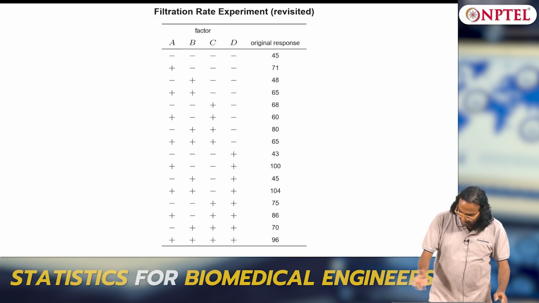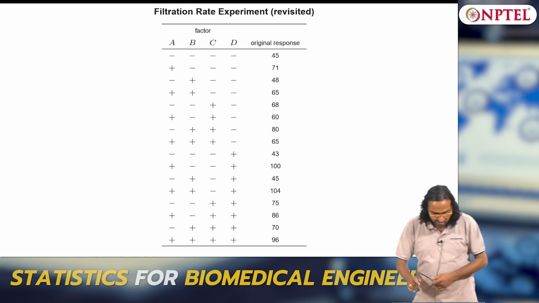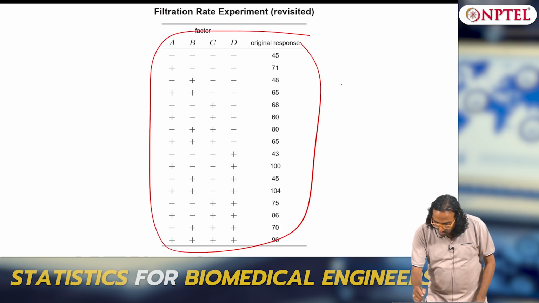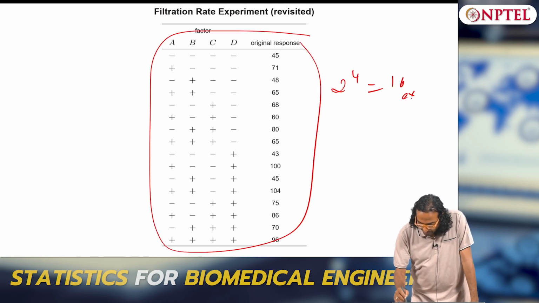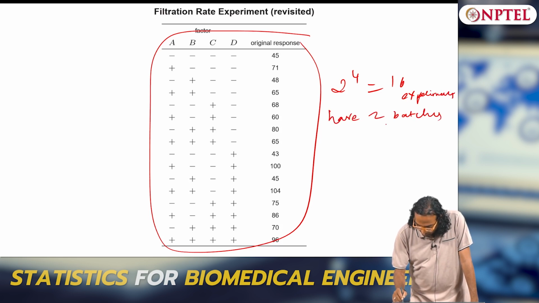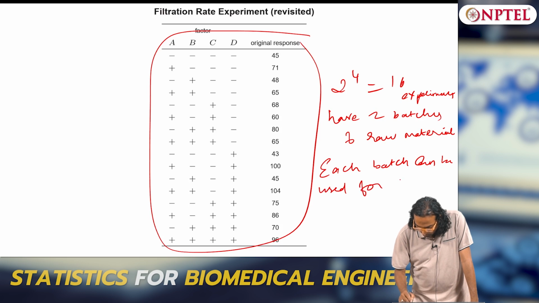Okay. In this case, let us take this case. This is my original. So 2 power 4, 16 experiments. But I have 2 batches of raw materials. That is not the problem. The problem is each batch can be used only for 8 experiments.